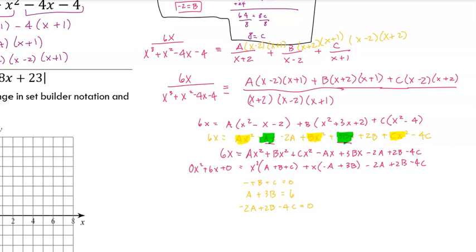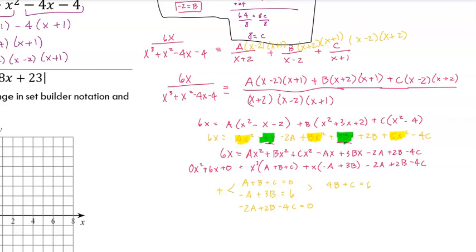So I'm going to group these two together, and I could just add them together. And I end up with 4b plus c equals 6.